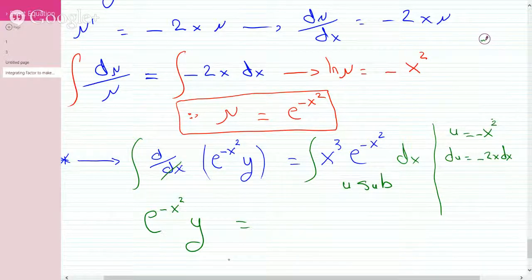So now this integral becomes, so x cubed is the same thing as x squared times x. So this will be minus u, so it's minus x squared, and this is e to the u. Actually let's call this w for reasons that I will explain in a second. So this will become minus w, and this is e to the w, and then x dx, because we have one x left from x cubed, becomes dw over minus 2.